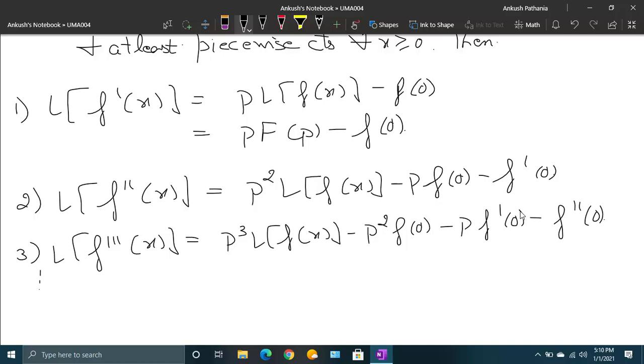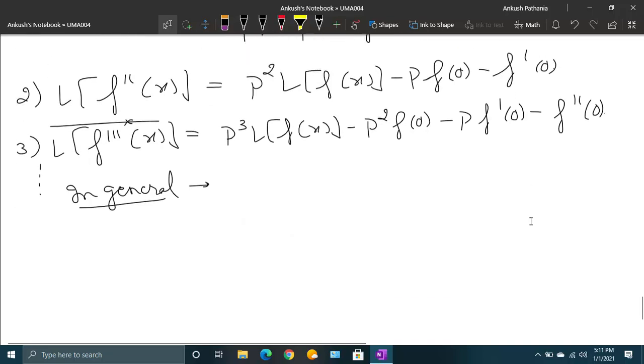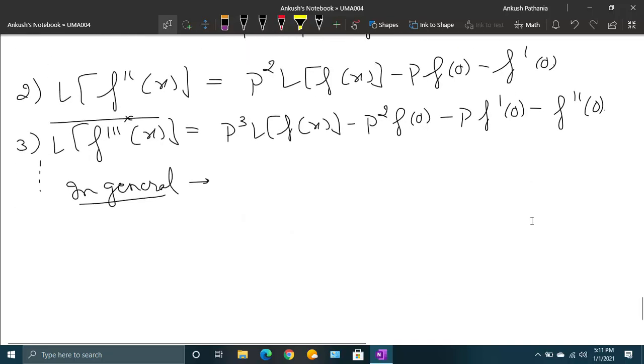These are the formulas that we can use for finding the Laplace of derivatives, and they are very useful while solving differential equations, because there we have first order and second order derivatives, so we will take the Laplace and use these formulas. Mostly we will be using only up to second order, because in our syllabus we have done differential equations only up to second order.